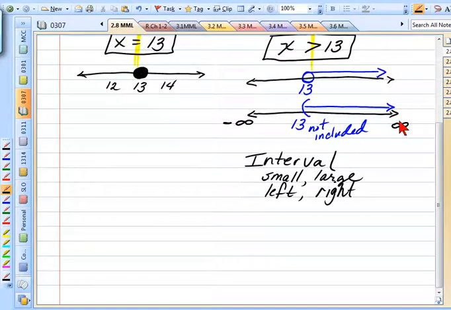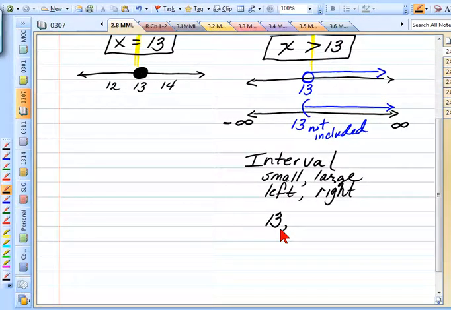So if I want to name as an interval the part that I have marked in blue, where does it start? What is its smallest possible value? 13, but I think we're in agreement that really it should be just the first number bigger than 13. Only there is no such number. Is 13.1 the first number? Well, what about 13.01?